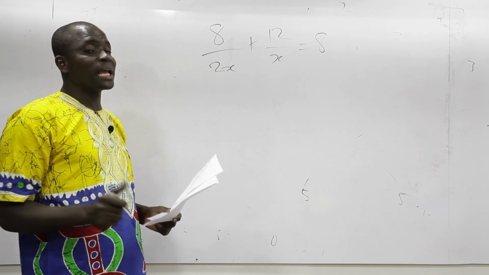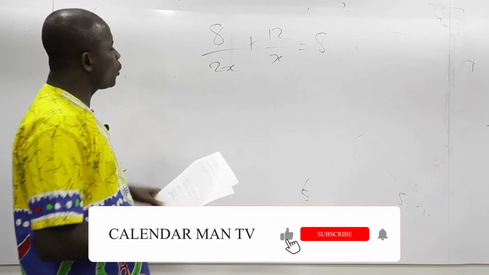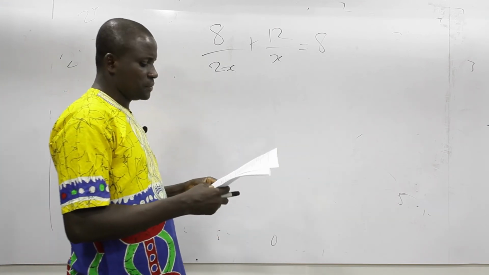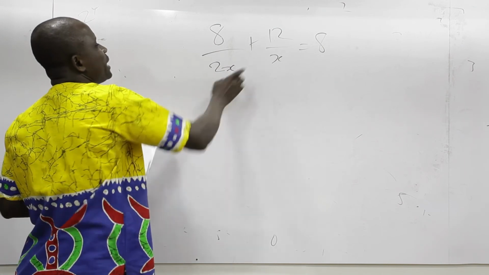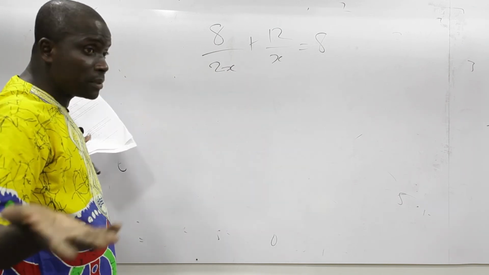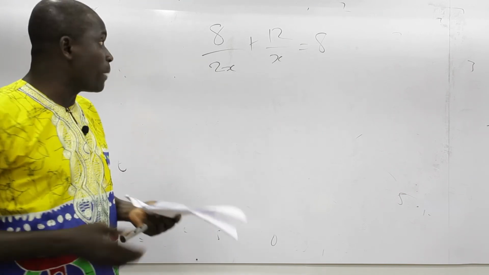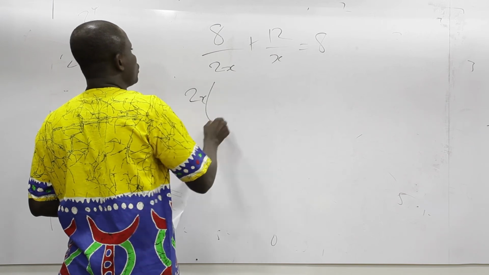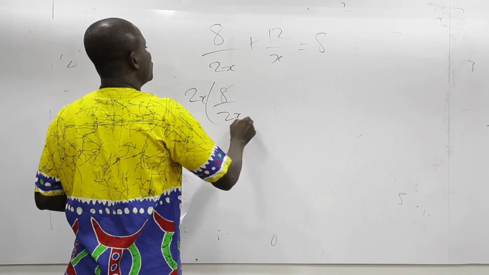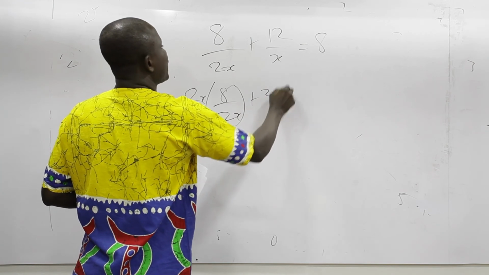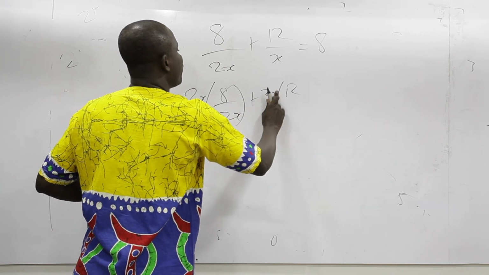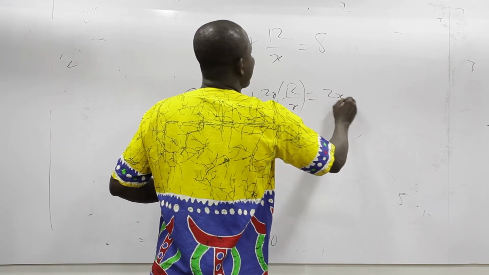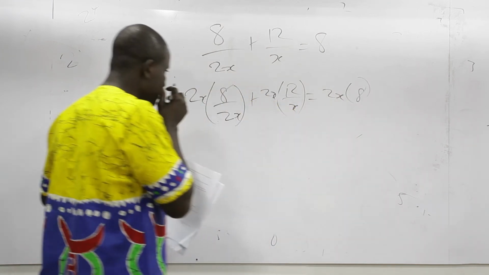When you read the word problem, that's where we begin to be projecting a lot of them. Now look at this carefully. You could see that we are having x within the denominators. So what is the LCM here? The LCM is 2x. So I'm going to multiply through by 2x: 2x into bracket 8 over 2x plus 2x into bracket 12 over x is equal to 2x times 8.